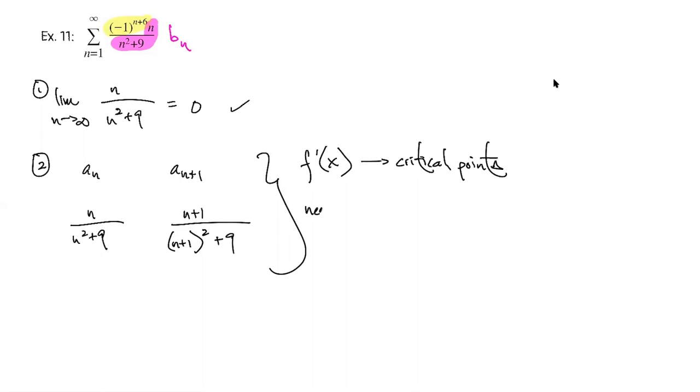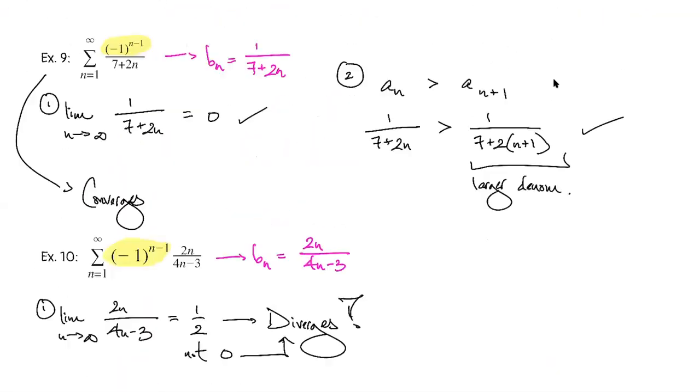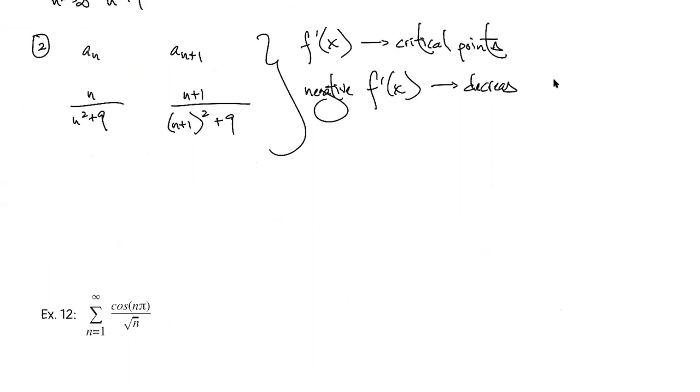So a negative f prime means it's a decreasing function. Okay?